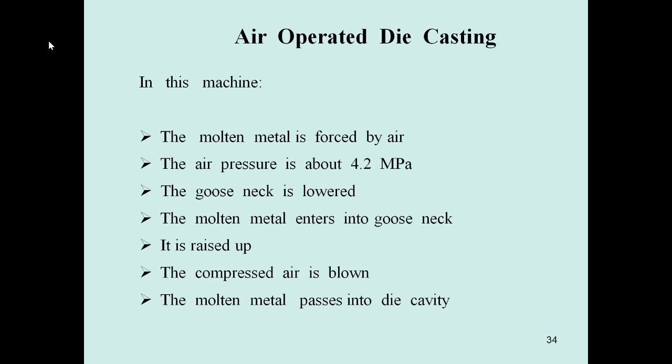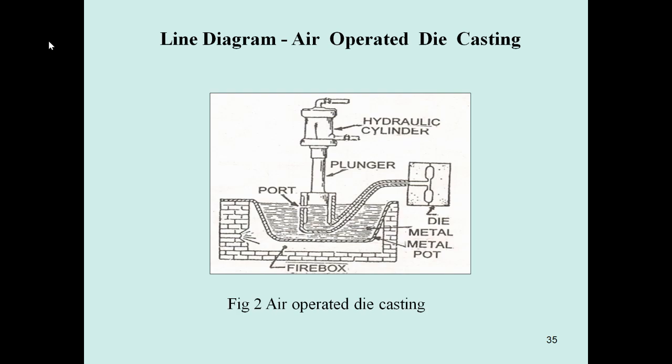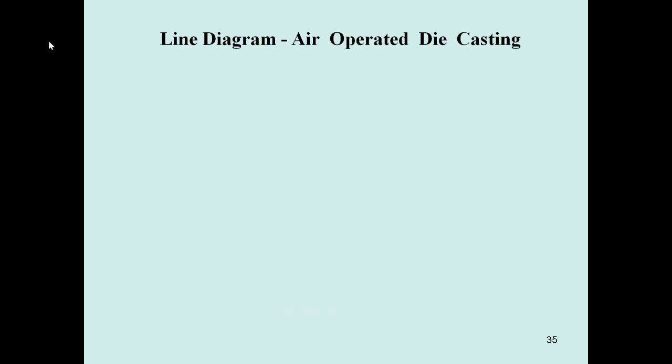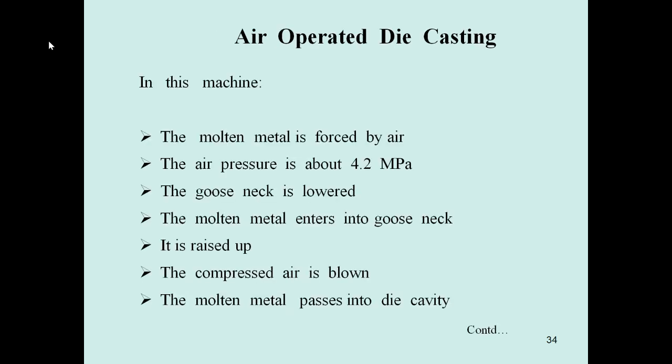Okay, against the nozzle. The compressed air blown into the gooseneck pot forces the molten metal into the die cavity. Next, after solidification, the casting is ejected by the ejector pins.